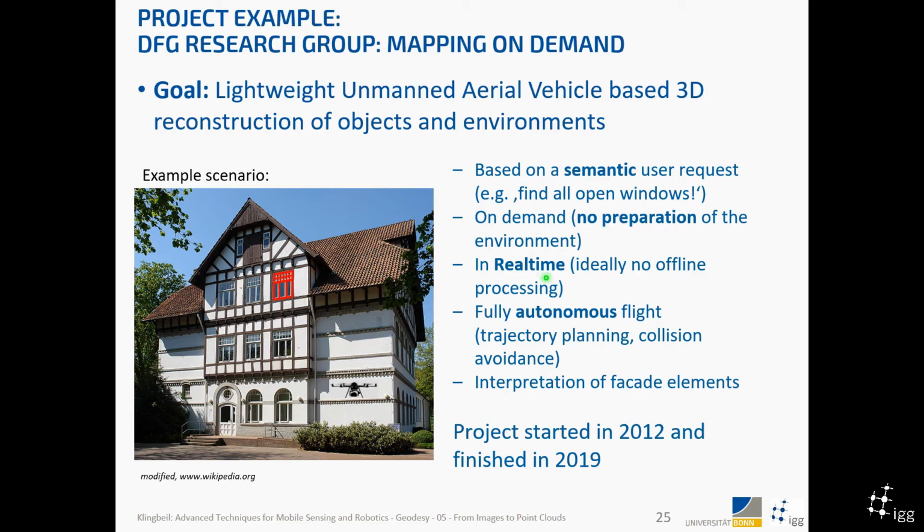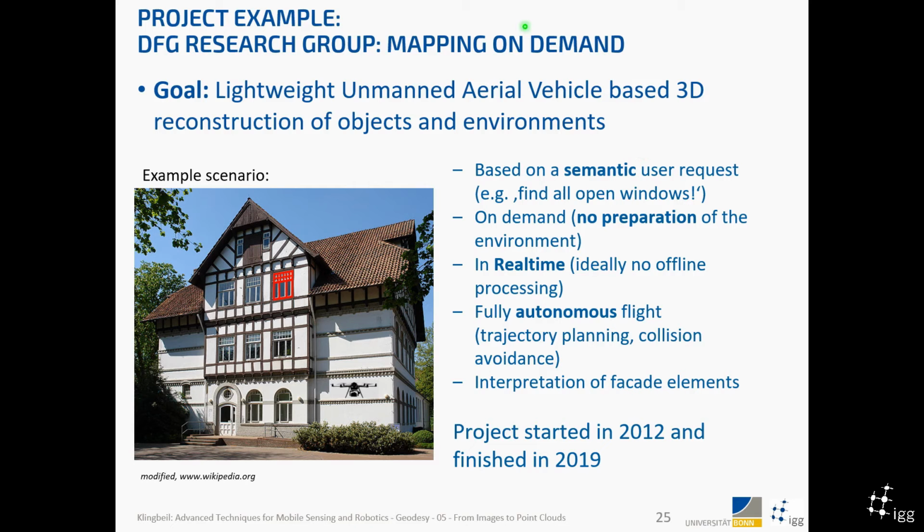We wanted a result in real time or close to real time, so no offline processing needed. We wanted the flight to be fully autonomous, so trajectory planning, collision avoidance, and everything else. And we wanted interpretation of the results, since finding all open windows needs some sort of interpretation of the results. So what is a window and what is not a window?